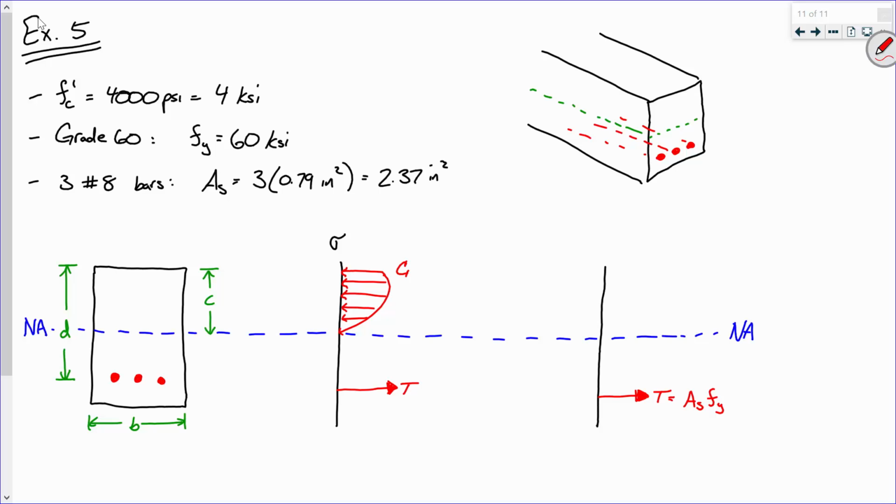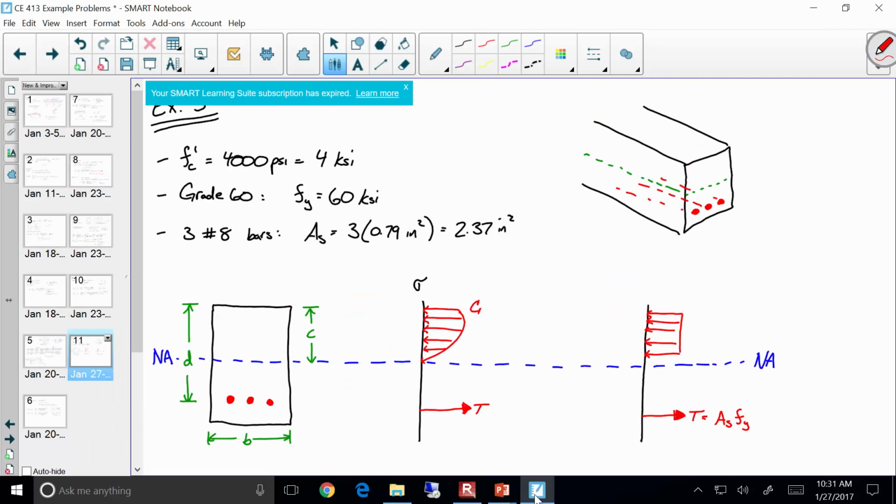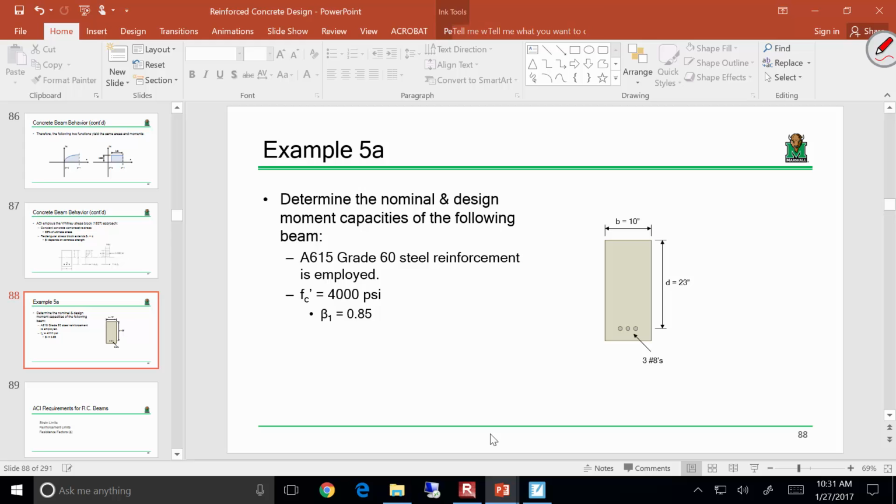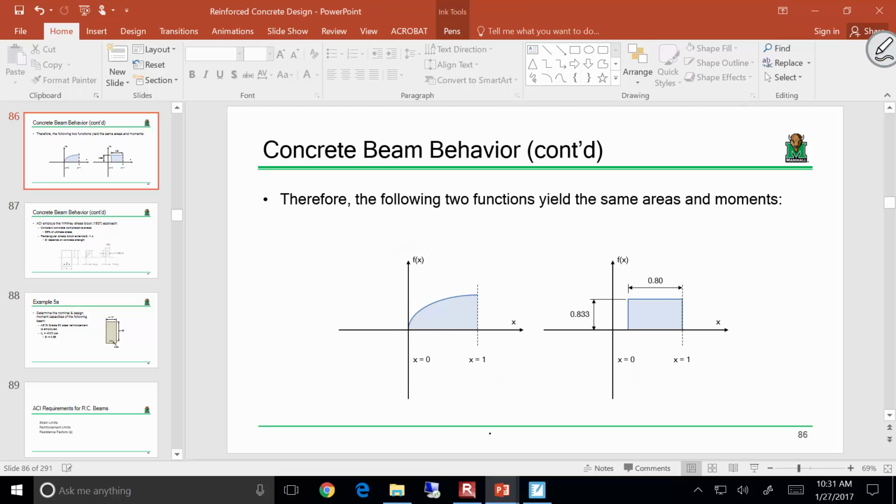The compressive force, again, nonlinear region, I don't like that. So what I'm going to do is this. I'm going to have this be idealized something like that. That's a good question, and it goes into what we did here. This idealization generates the same area and the same moment, but the rectangle doesn't touch here in order to match the equilibrium.